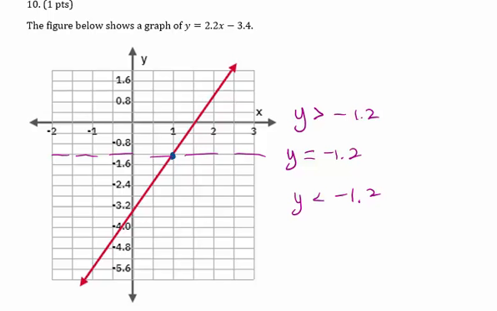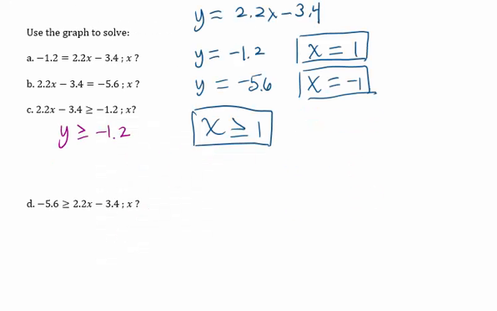And so these are the values of y that we're looking for, but it happens when x is 1 or greater. So refer back to the x-axis to find this interval. And so you can say when x is greater than or equal to 1.